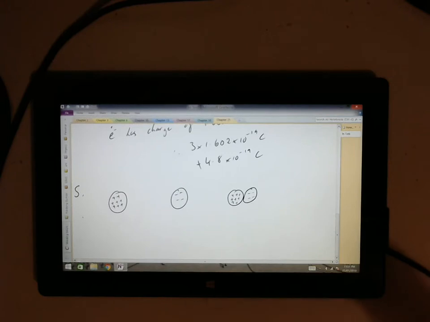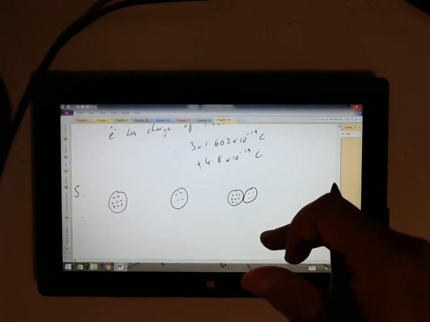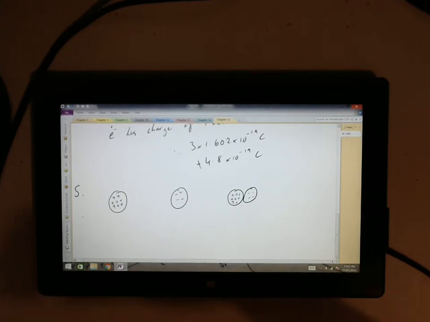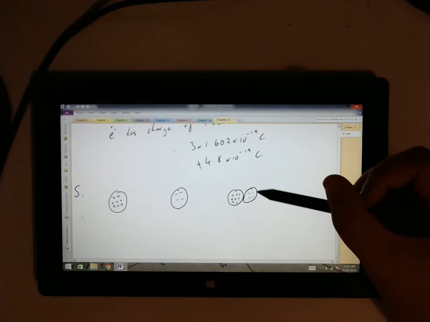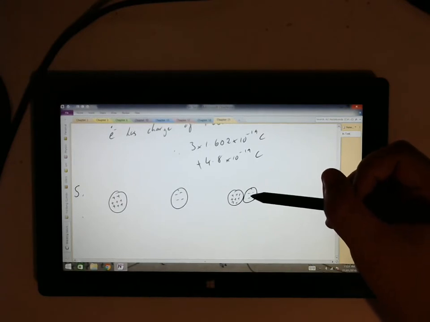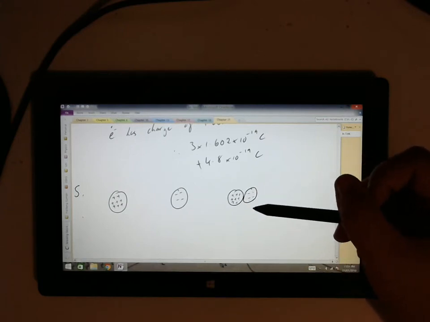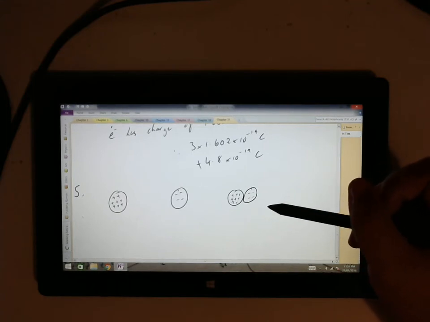Some of them are going to go over to this side, and some of them will move backwards. However, what's going to happen is the charge is essentially going to neutralize. Right now, this has 4 extra electrons. So if we got rid of all these 4 extra electrons, this would become 0, and this would then be plus 4. We can see then the charge is still unbalanced.